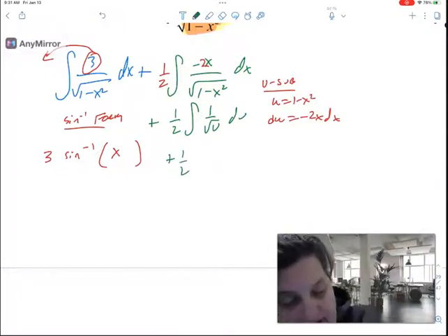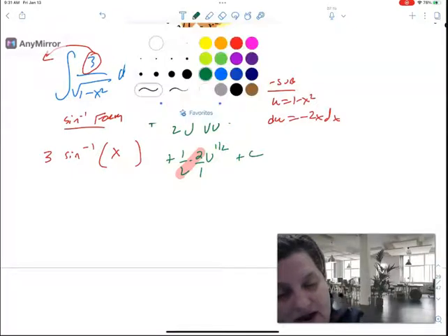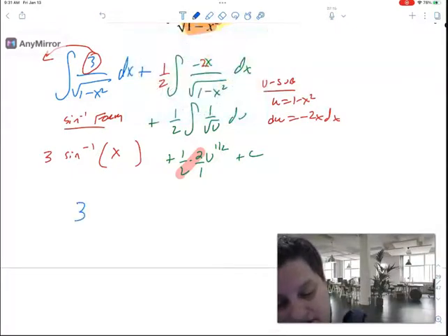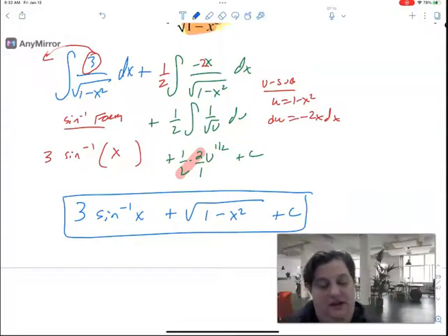So this is 1/2. Now, if I bring that up, it's u to the negative 1/2. So it's u to the 1/2, 2 over 1, plus c. Those cross out. Okay, here's my entire final answer. 3 arc sine or inverse sine of x plus u was square root of 1 minus x squared plus c. Okay?